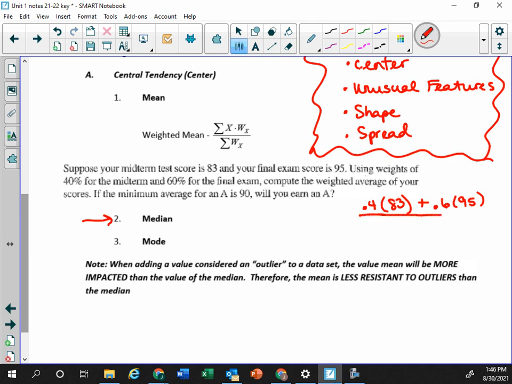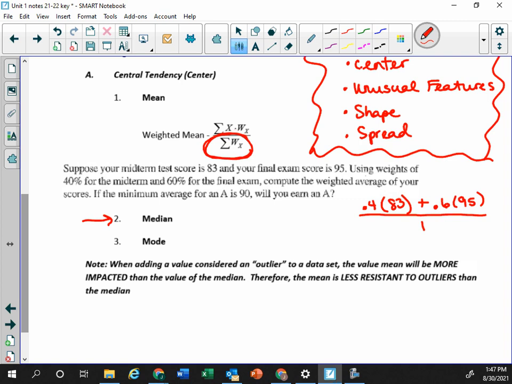And then here, we're dividing just by 1, because what you're dividing by, what this messy looking formula has here, that's the sum of the weights. Okay, the sigma means sum. 0.4, 0.6, that's 1, okay? So you don't have to show that. That's what's happening with your weighted mean.